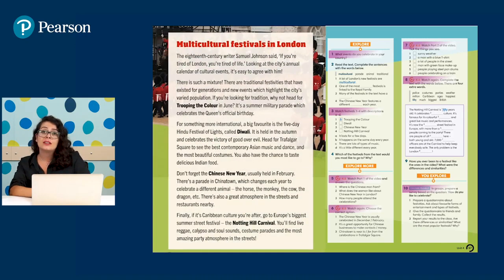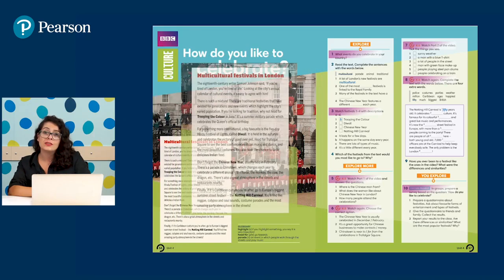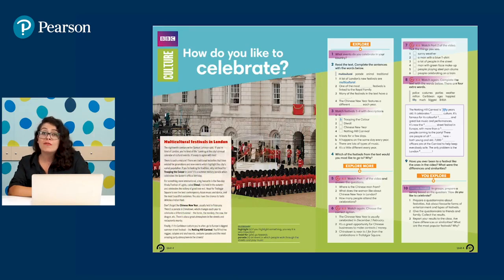Then turn to the text, read the title, and narrow their questions down to the festival in London. Get them to ask questions about what they want to learn about festivals in London. Having read the text, they can go back to their questions and see if they can find any answers for them.